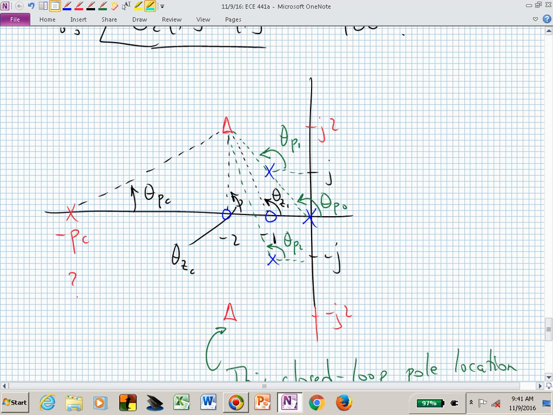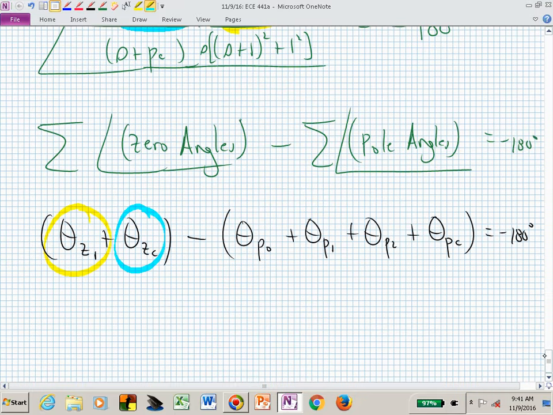What's the angle of theta sub z sub c? What do I have to do if I'm at minus 2 and I now need to rotate to find an angle to get me to minus 2 plus and minus j2? Actually, plus j2. I just have to go through an angle of 90 degrees. Theta sub z sub c is 90 degrees.